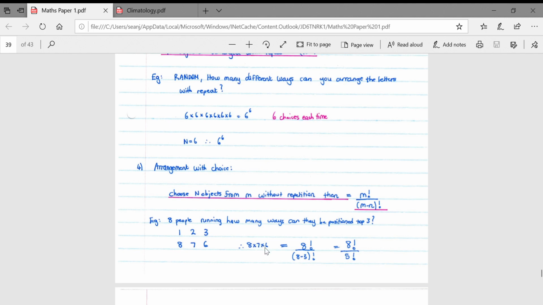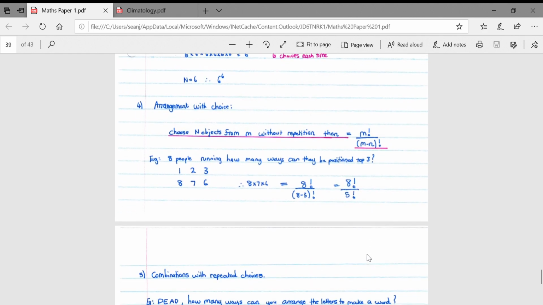Then we go 7 and 6, which is just basically 8 factorial. However, 8 factorial would mean that it's 8 times 7 times 6 times 5 times 4. So we divide that by 8 minus 3 factorial. And this 3 is because we're looking at 3 places of the possible 8 places. And we come to 8 factorial divided by 5 factorial.